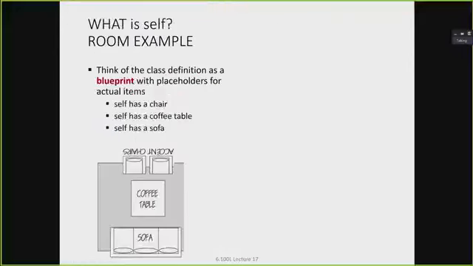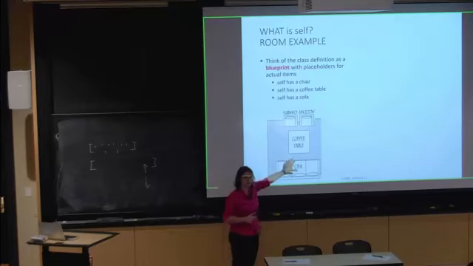Okay. So again, just kind of explaining what the self is in the context of a blueprint. If we think about a blueprint in real life, right? Here I have a blueprint for a room that I might want to create. I don't actually have this room created yet, right? It's just an idea.